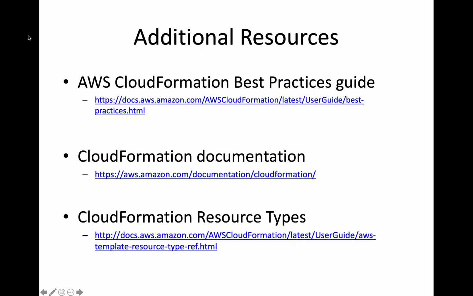And when you're working with CloudFormation, I think I mentioned earlier in one of the hands-on segments that I don't memorize all of the different resources and properties that are available in CloudFormation. There's just way too many of them to memorize.